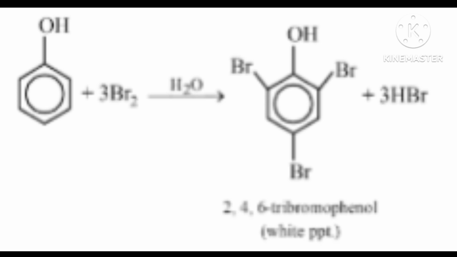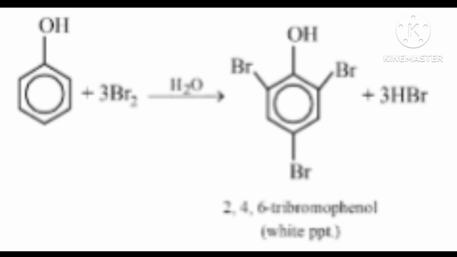But para will be more, it will be the major product. Two products it will give, but both are mono, only one bromine is attached. If it is attached at ortho position, it will be minor, and if it is attached at para position, then it will be major.